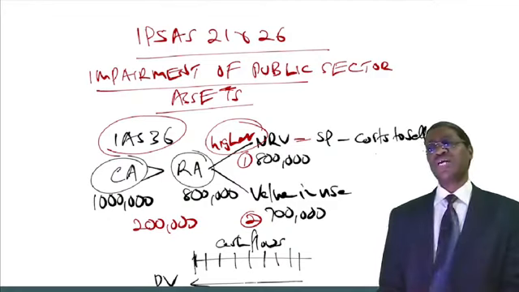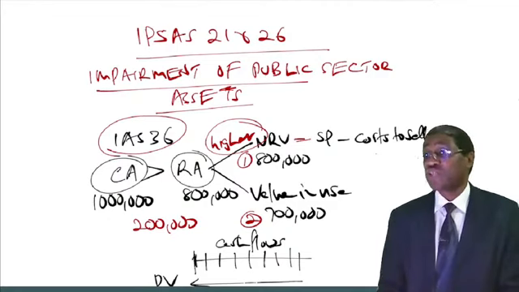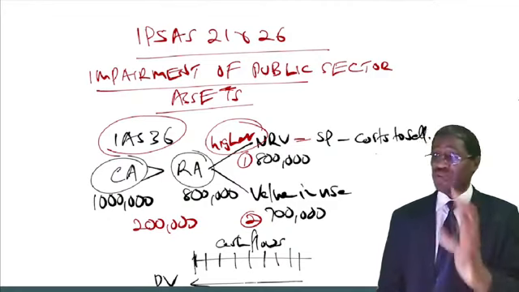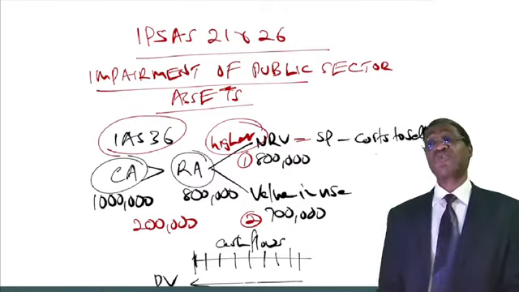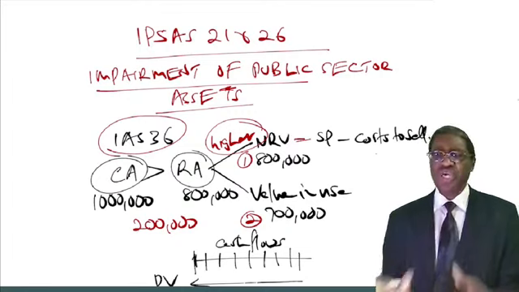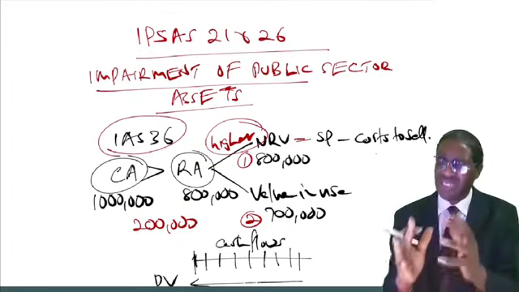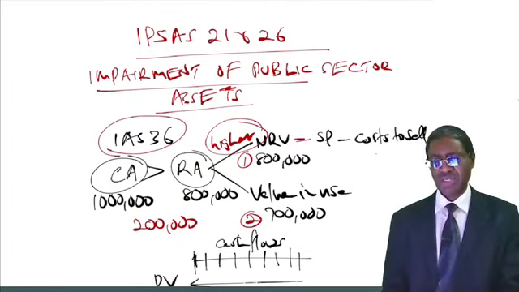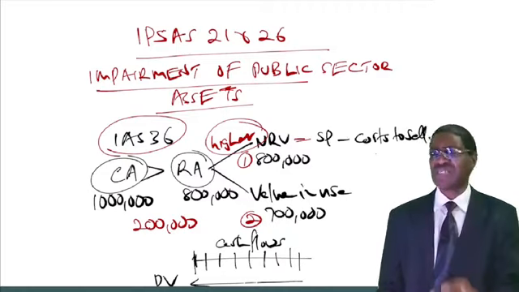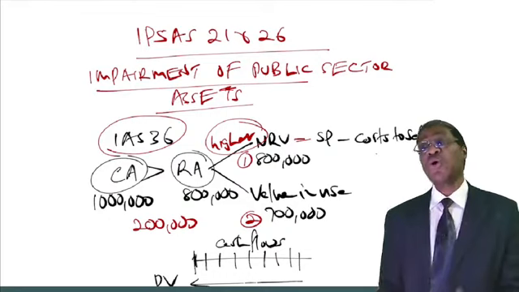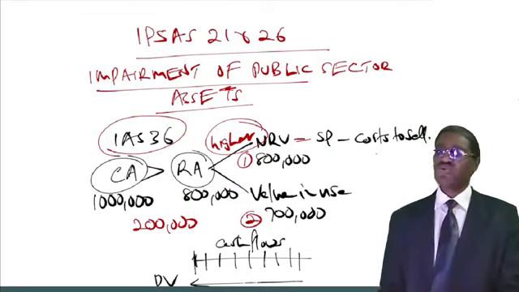You know that these are entities that are there to provide a service. Most of the public sector entities are not there to make a profit. They are normally there to provide a service. So if you as a public sector entity have an asset and you want to test whether that asset has suffered an impairment loss or not, what do you do? That's what we want to discuss.